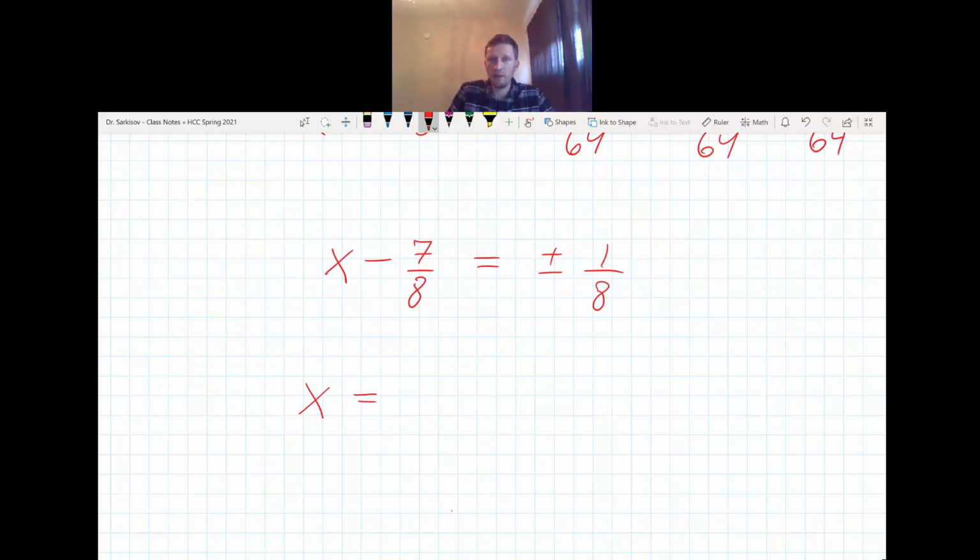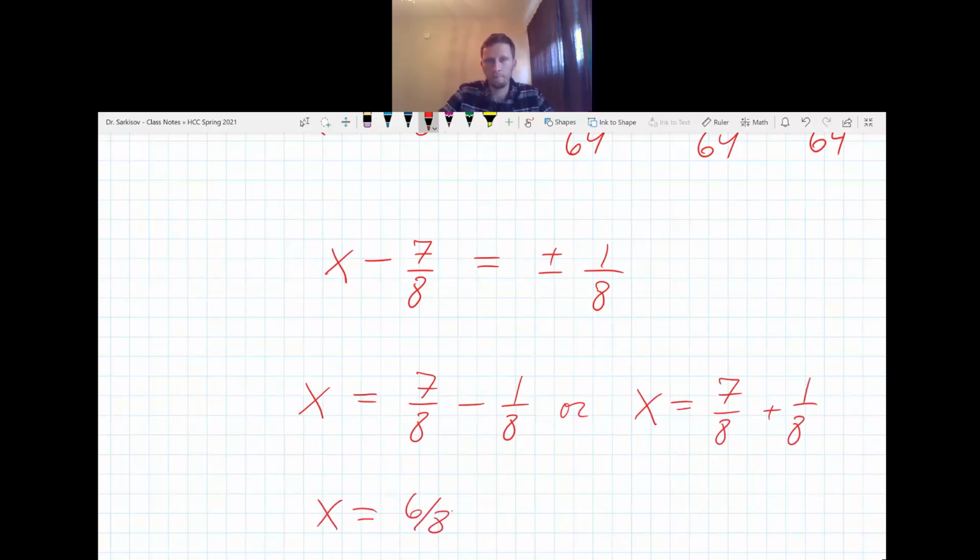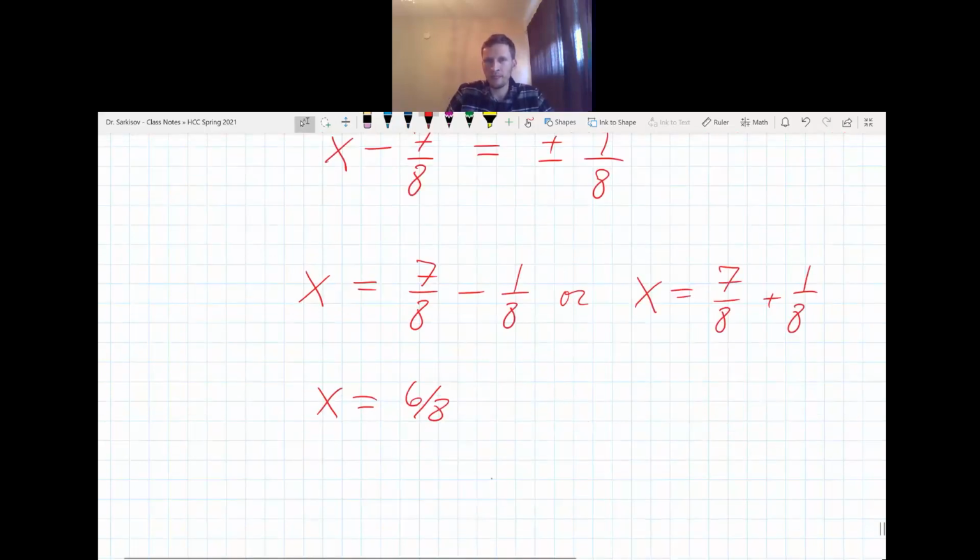So x equals 7/8 minus 1/8, or x is equal to 7/8 plus 1/8. In other words, x is equal to 6/8, right? What's 6/8? That's 3/4. Or x is equal to 8 over 8, which is just 1.